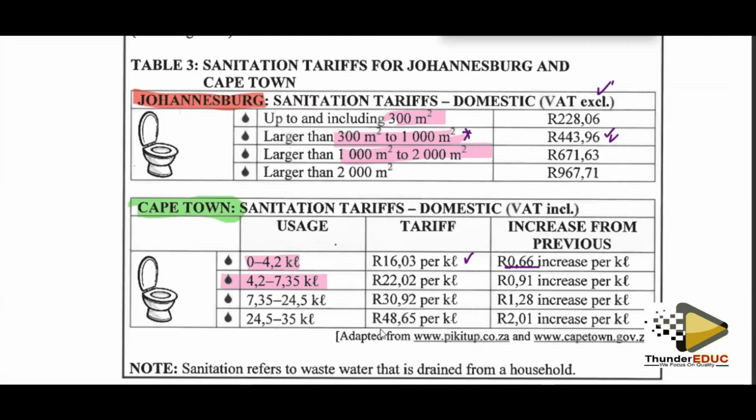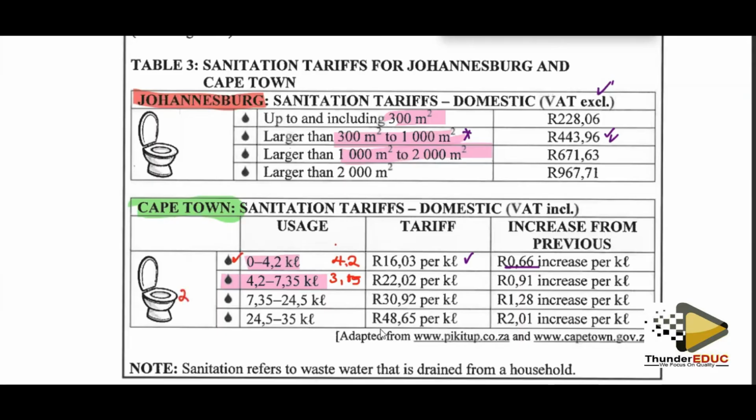Yes, bracket 1, which is this one, has a maximum of 4.2. What about bracket number 2? Bracket number 2 will have a maximum that we need. It will be 7.35 minus 4.2.